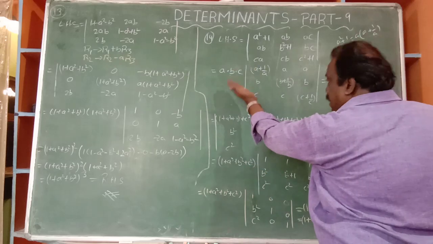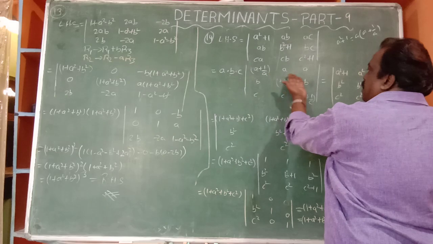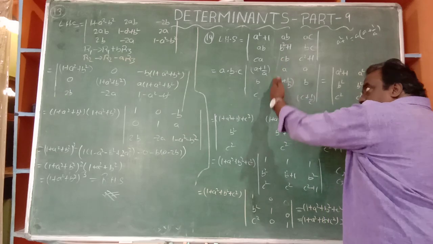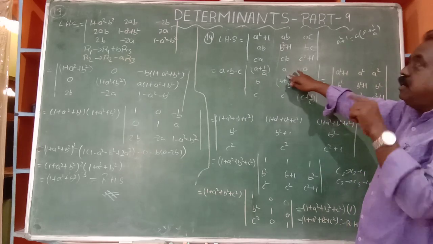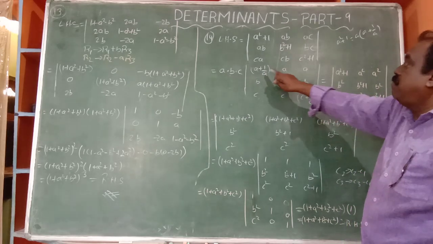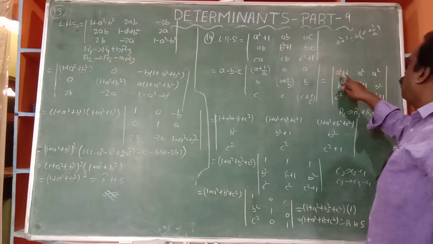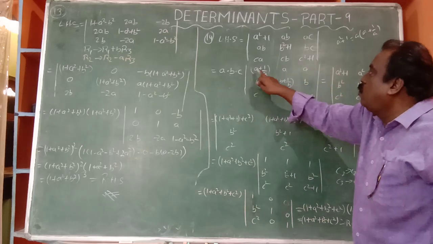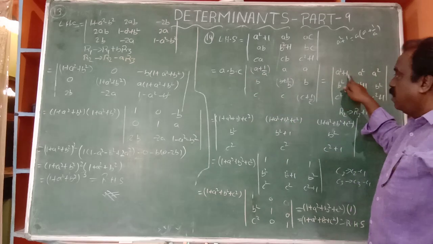Now I am multiplying again. A multiplies the elements of the row. It comes from column 1, but now it is again going inside the determinant and multiplies the elements of R1, row 1. So A into A square. A into 1 by A, 1 more.